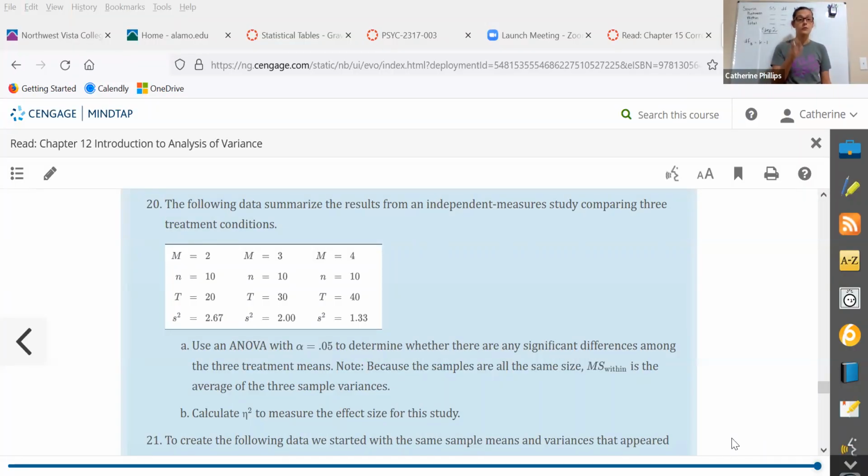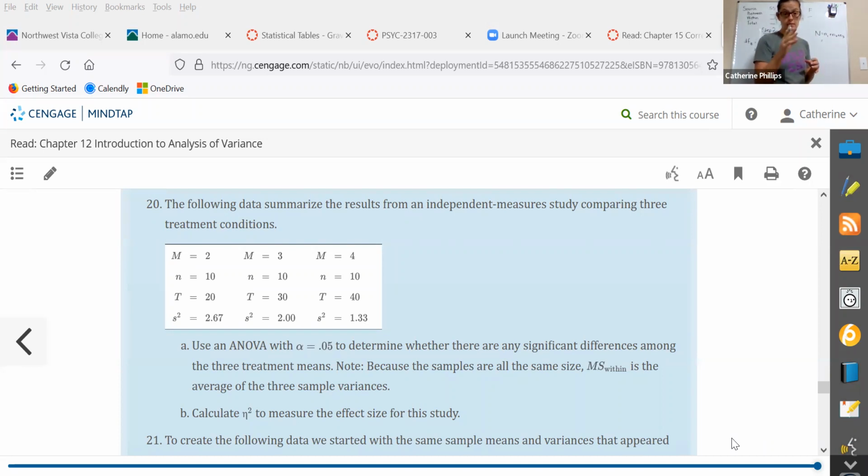K is the number of groups. We have 3 groups. We can see 3 columns. The question says we have 3 treatment conditions. So K is 3. And we need big N. Big N is equal to N1 plus N2 plus N3. It's the total number of participants across all conditions.